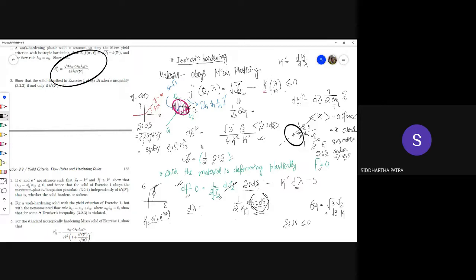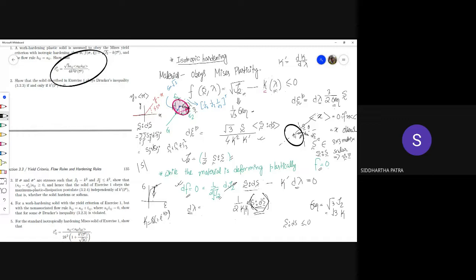So basically you are forming a circle. It is saying the magnitude of the s vector is a constant. When I'm representing in principal coordinates, s is a vector, so its magnitude becomes a constant for any given value of k. Since the deviatoric stress can only change on the deviatoric plane, the deviatoric stress is now limited by this circle right here.